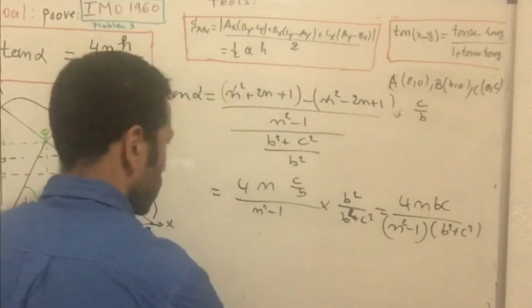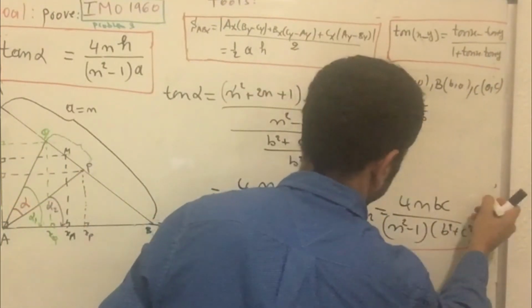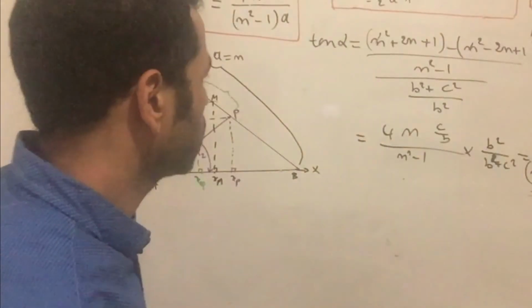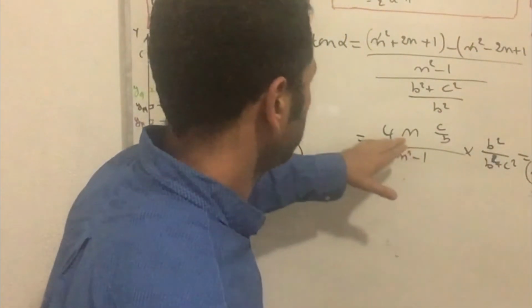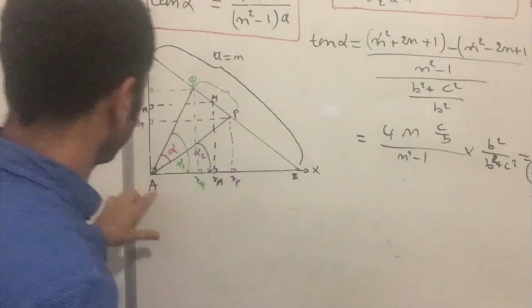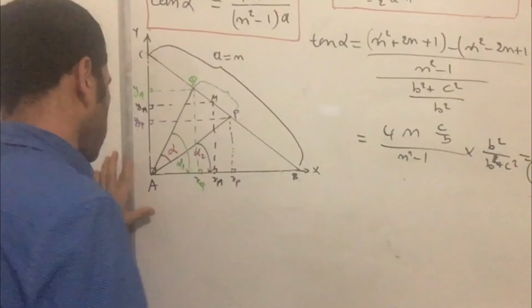Okay, now I found this expression, but I didn't finish yet. I'm going to make some changes in this expression now. As you see, b square plus c square, this is a right triangle. I'm going to apply the Pythagorean theorem.